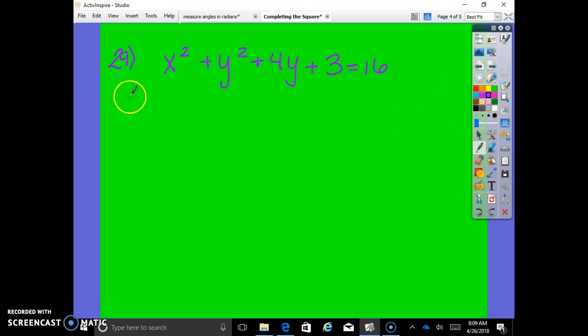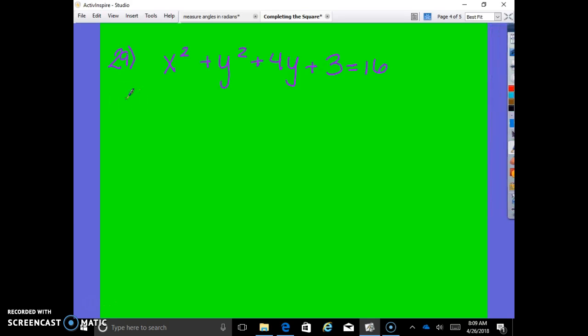Let's try another one. Help me set it up. What do I do? I do x squared plus blank. Now what? Y squared plus 4y plus blank equals, this needed to be subtracted from both sides, 13 plus blank plus blank.